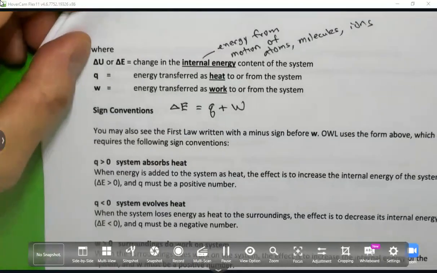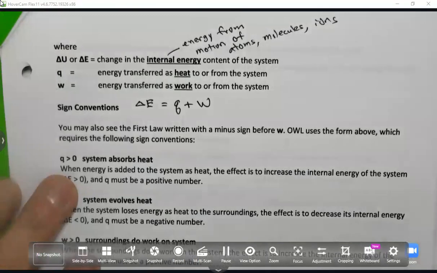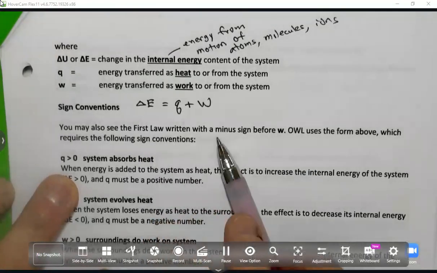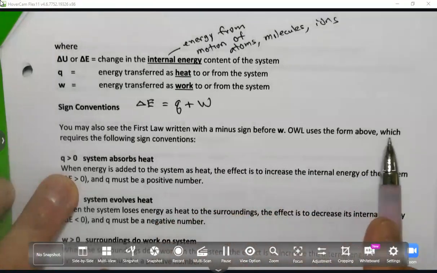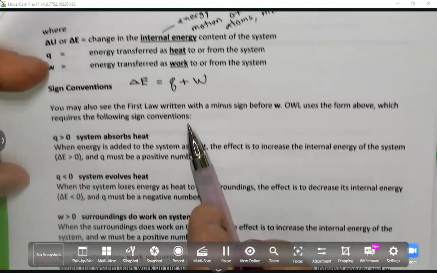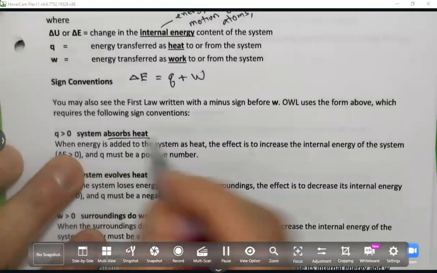All right, let's think of it this way. Here's our sign convention. You may see the first law written with a minus sign before the W. Al uses the form above, which requires the following sign conventions. If Q is less than 0, it absorbs heat.